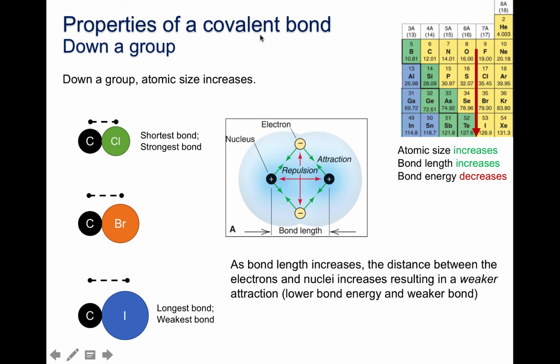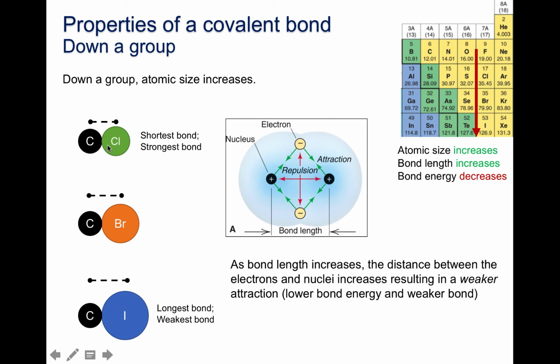We can use the trends on the periodic table that we learned for atomic size to predict the bond lengths and bond energy. And so if you're comparing these three bonds here, carbon chlorine, carbon bromine, and carbon iodine, you can predict the size of the halogen that it's bonded to using the periodic table. Chlorine would be the smallest, iodine would be the largest.